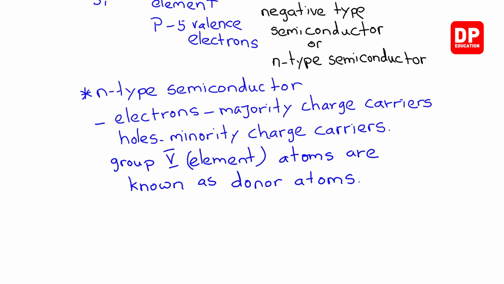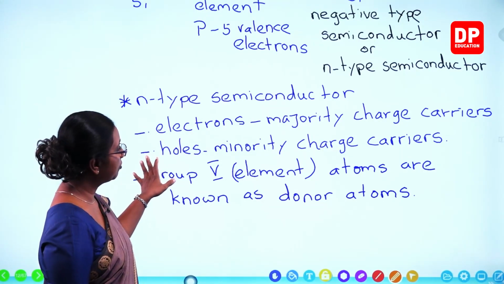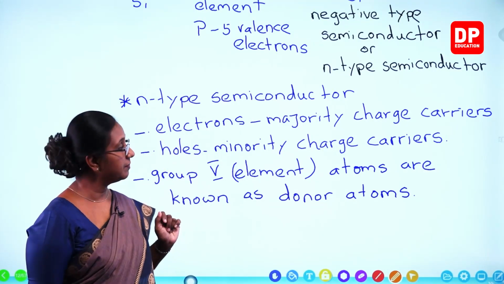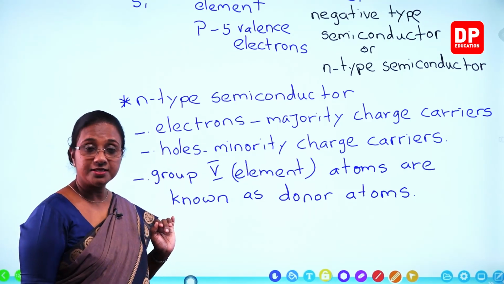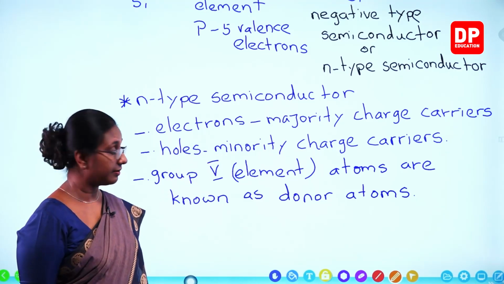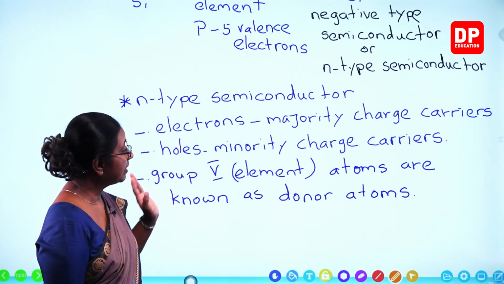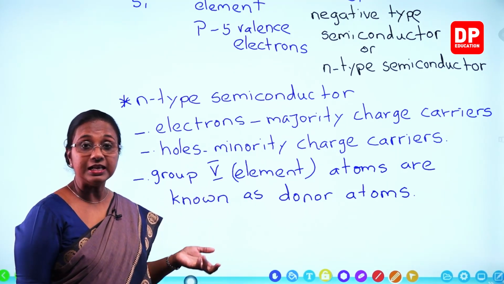So these are all different points that you need to remember, students. In an N-type semiconductor, there are more electrons. Because of that, we call them the majority charge carriers. Holes are the minority charge carriers because they are less in number compared to electrons. And group 5 element, that atoms that are known as donor atoms, donate the electrons.